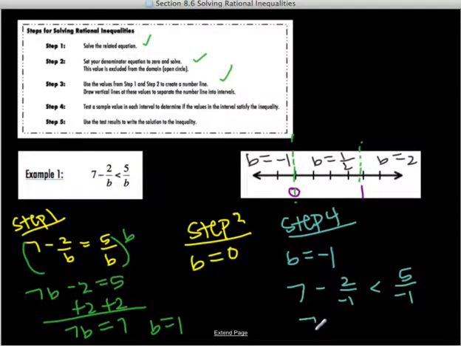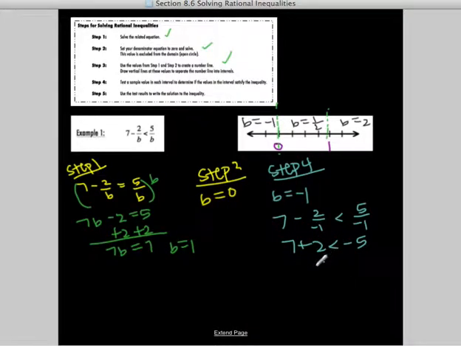This would be minus a -2, because if I divide that, it's really plus 2. So I'd have 7 plus 2. Is that less than 5 divided by -1, which is -5? So 7 plus 2 is 9. Is 9 less than -5? That is not true. So that will not be part of our solution.